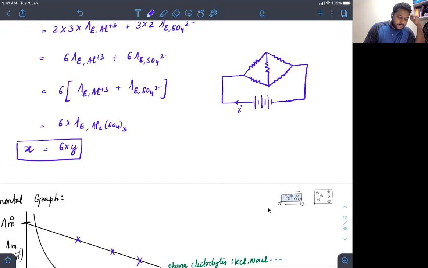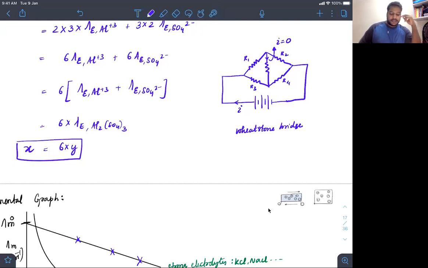So if there are resistances R1, R2, R3 and R4, correct? We can relate these resistances when the current flow in this particular circuit I is equal to 0. This is the Wheatstone bridge. Have you learned the Wheatstone bridge?